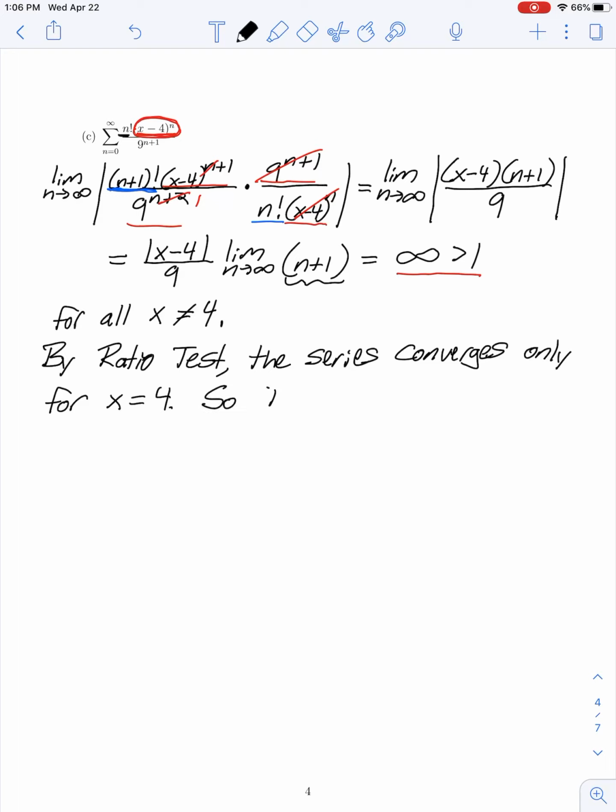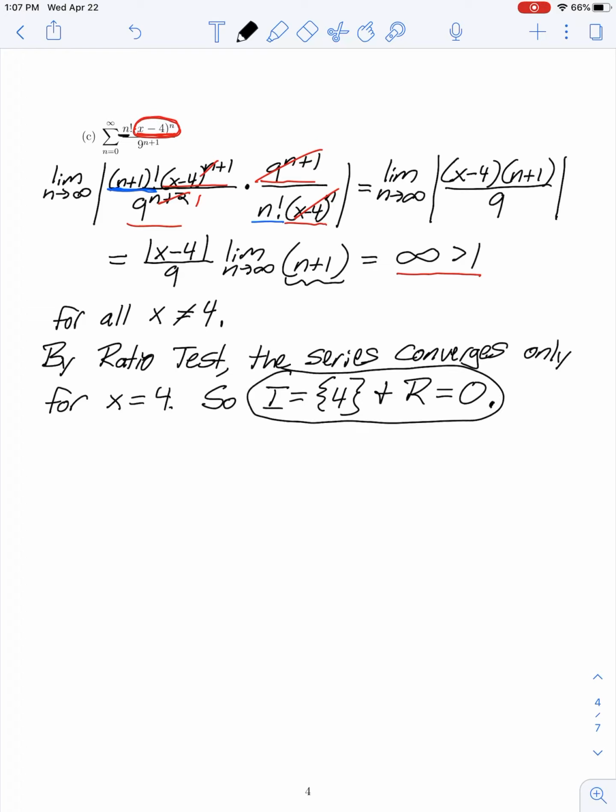So in this example, our interval of convergence would be the singleton, that is the interval consisting of a single point, x equals 4, and the radius, which would be the length of that interval, or half the length of that interval, is 0, since the interval has no length.